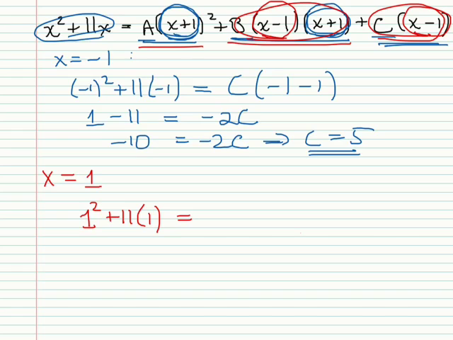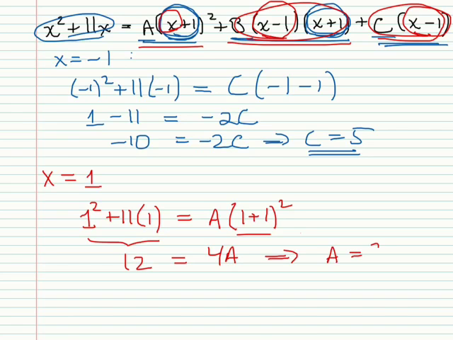On the right-hand side, everything goes to 0 except the a term, which is 1 plus 1 squared. Again, plugging in x equals 1. So on the left-hand side here, we've got 12, right? 1 plus 11. On the right-hand side here, we have 2 squared, which is 4, so 4a. Dividing both sides by 4, we get a equals 3.